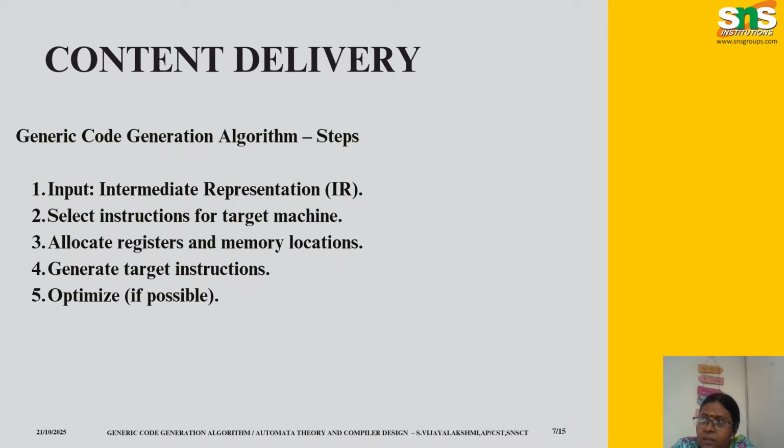First, we get the output from the previous compiler phase as input, and choose the equivalent target machine instructions for each IR instruction, and then allocate the registers, and then generate the target machine or assembly instructions, and perform small improvements like peephole optimization to remove redundancies.